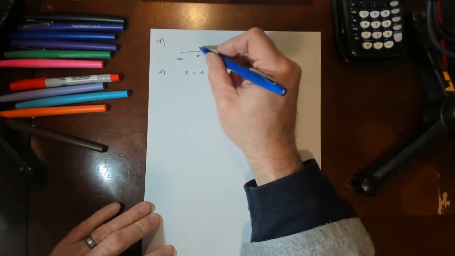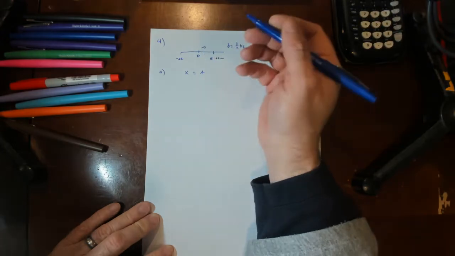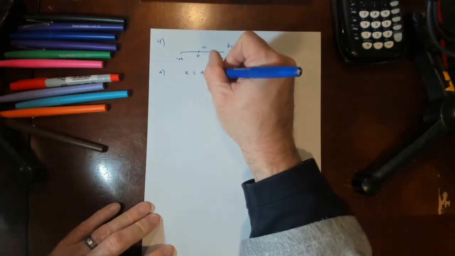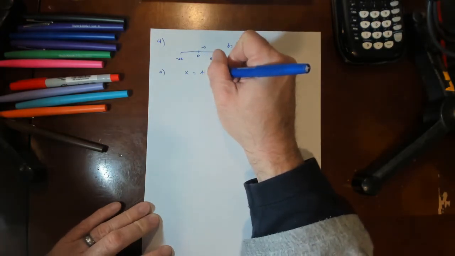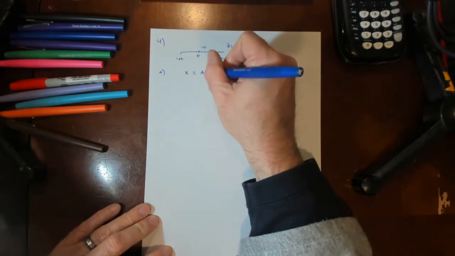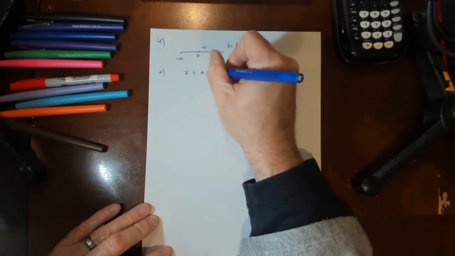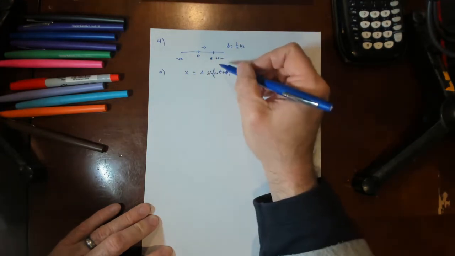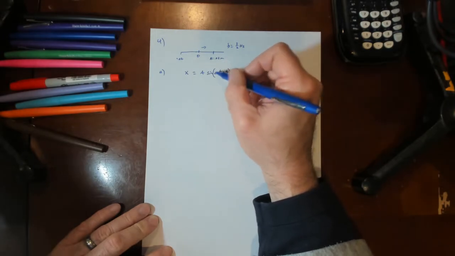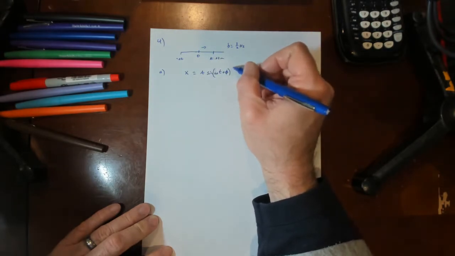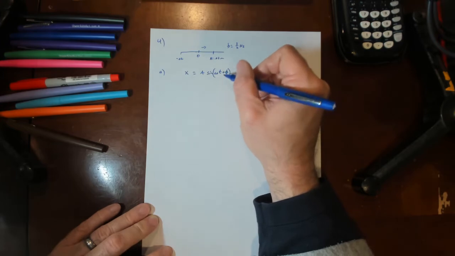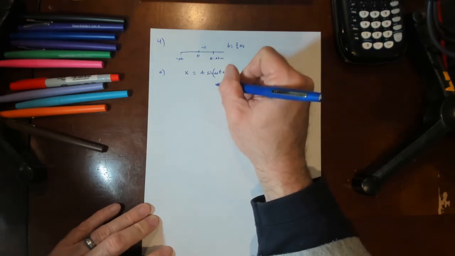Since we're starting at time 0 at equilibrium, it makes sense to use sine, and in fact, that is the function that they're giving us. So A sine of omega t plus phi. We're going to make phi 0, since we're starting at 0, so we don't want a phase shift. That goes away.